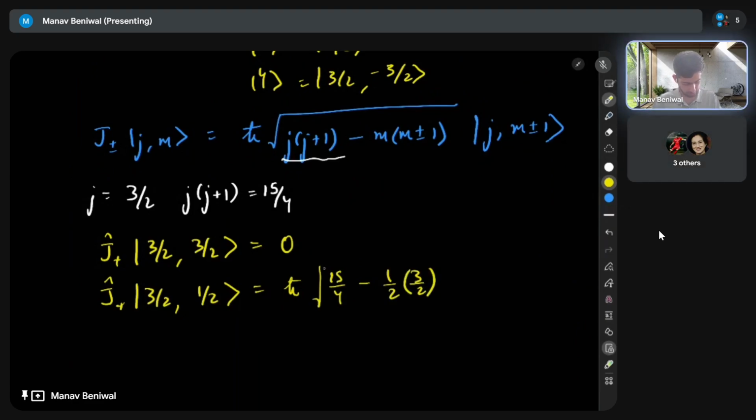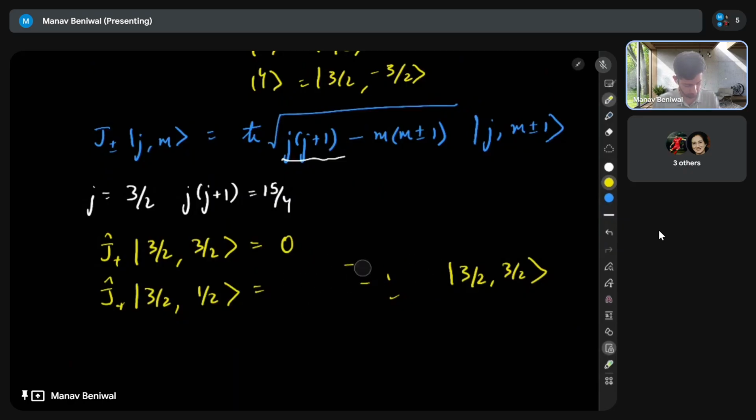Taking the square root, 15 by 4 minus 3 by 4 is 12 by 4, so root 3. So this entire thing just becomes under root 3 times h cut.